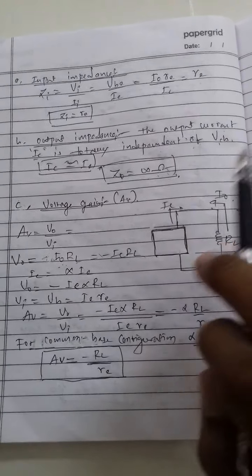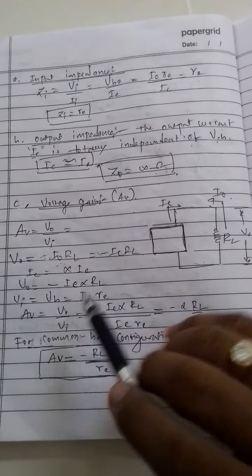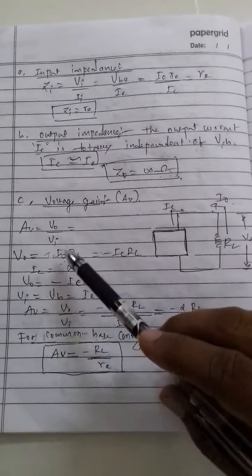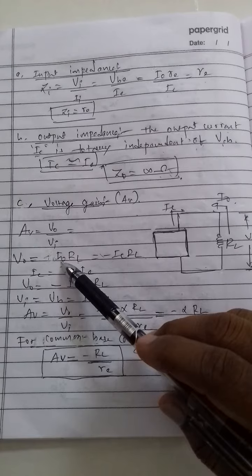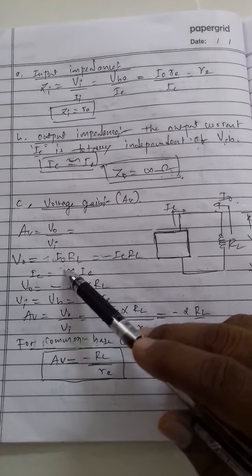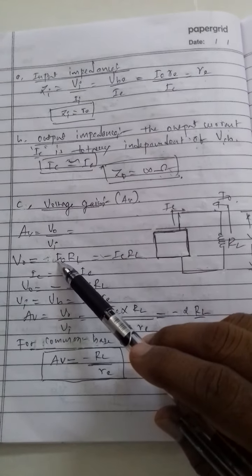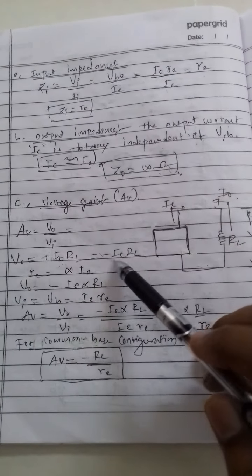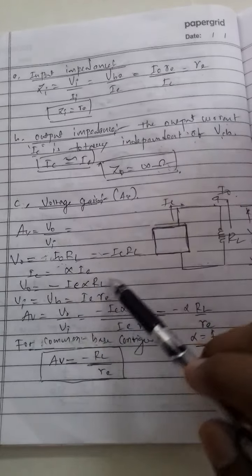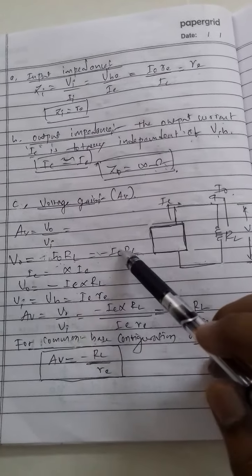Because the directions of both the output voltage and the output current are in opposite directions, the output voltage can be written as minus IC RL. Because IC is equal to alpha IE, the output voltage is minus IE alpha RL.